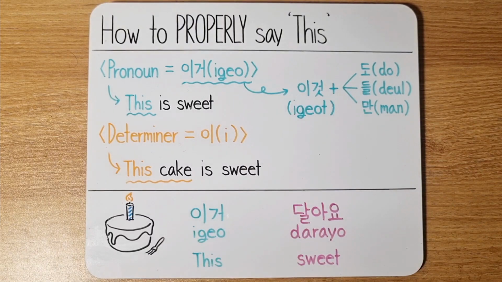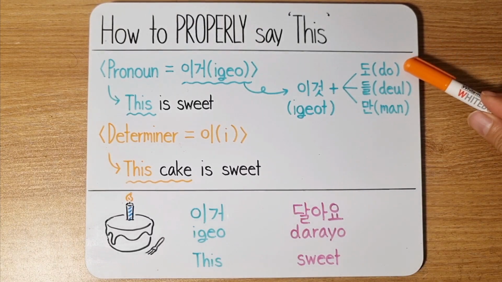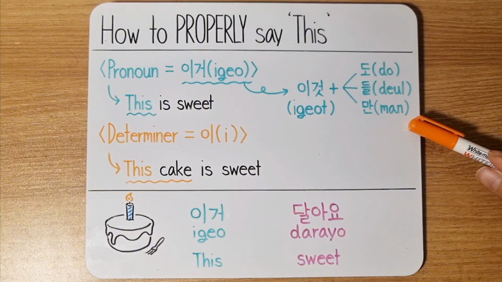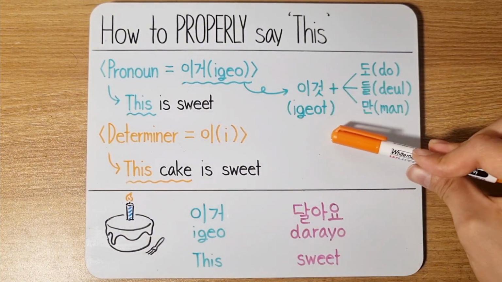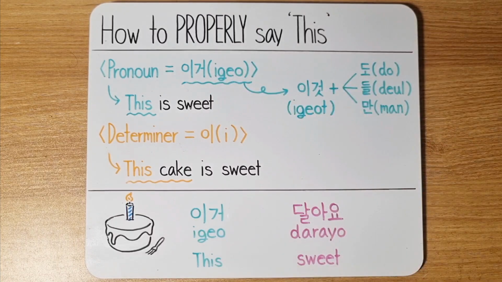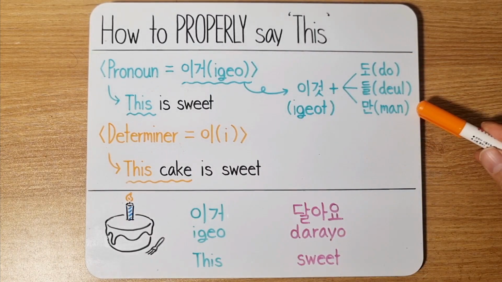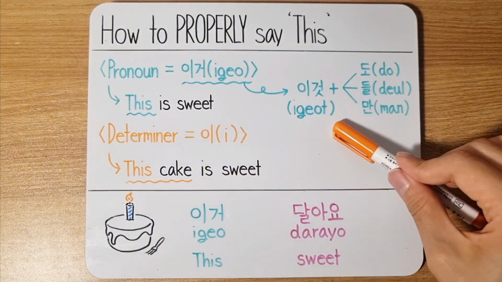So, unless you are attaching one of 도, 들, or 만 to this, 이것, do not use this version. Use this version instead. Only when you are attaching one of these three particles, then use 이것.